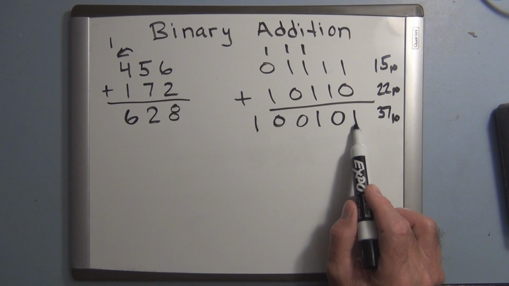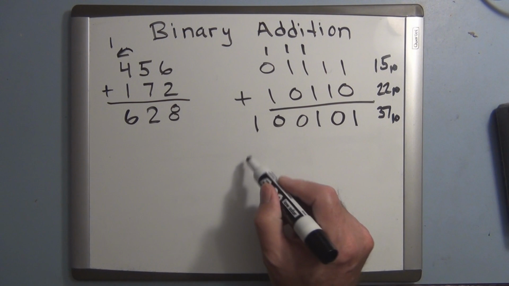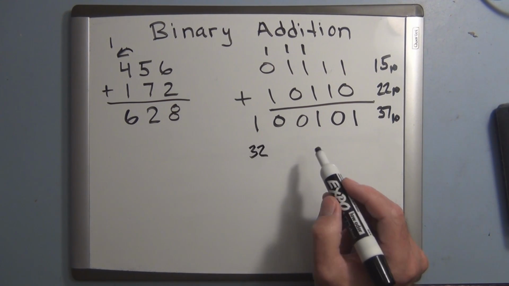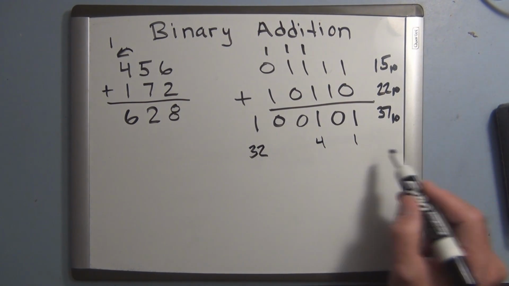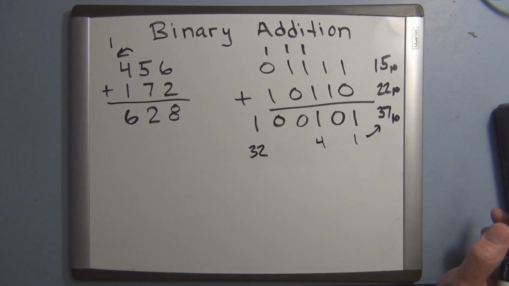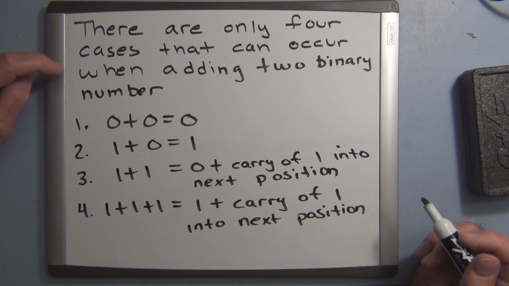So this is 2 to the 0, 1, 2, 3, 4, 5. This here is 32. This here is 4. And this position is 2 to the 0, which is a 1, which equals the 37. So that works out.